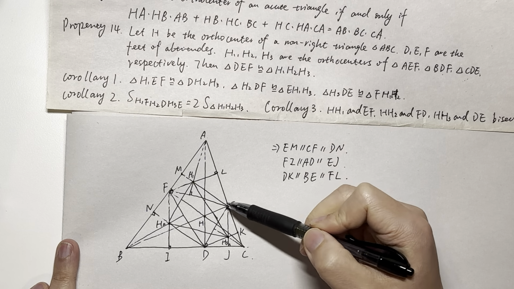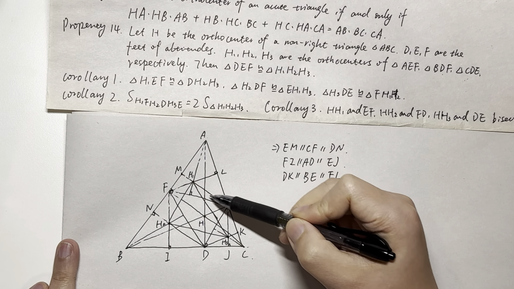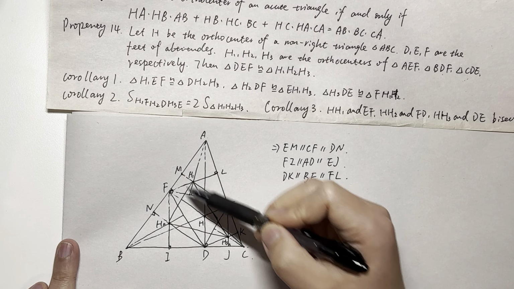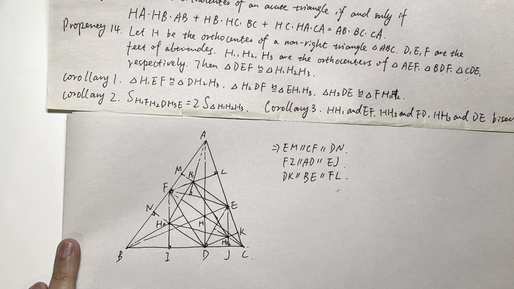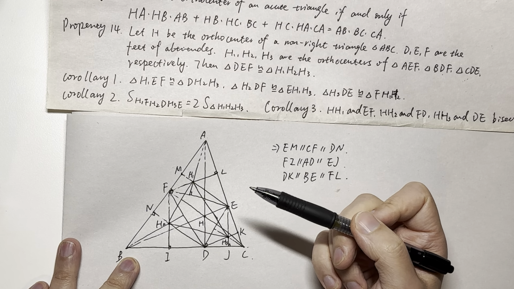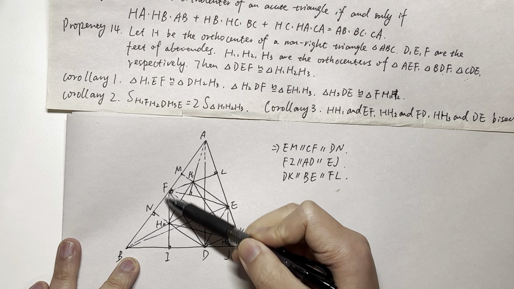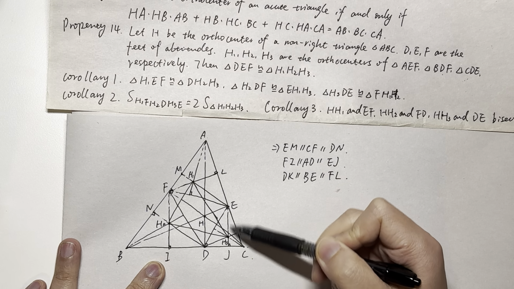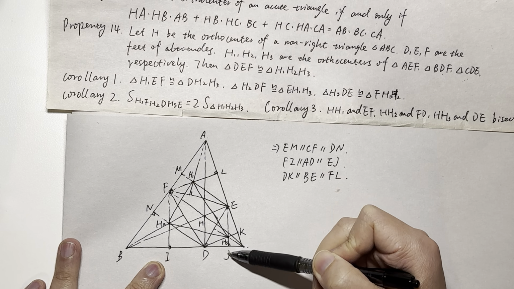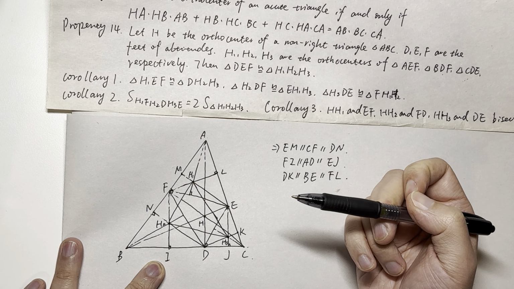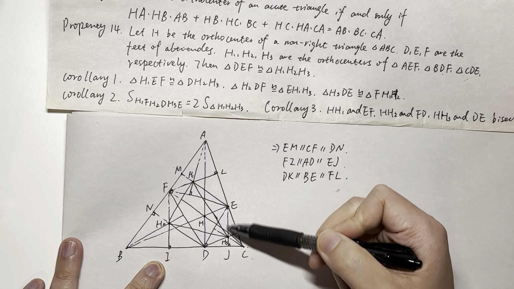And we know that EM is in parallel with DN, right? This line is in parallel with this line. And we know that FI, this line, is in parallel with this line, right? EJ. So this is in parallel with this one.